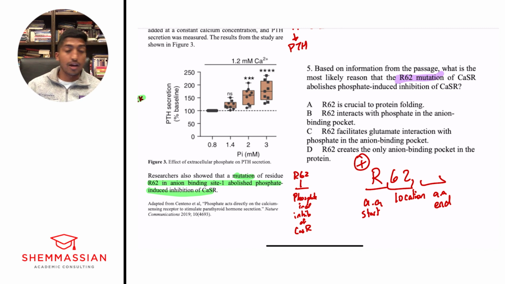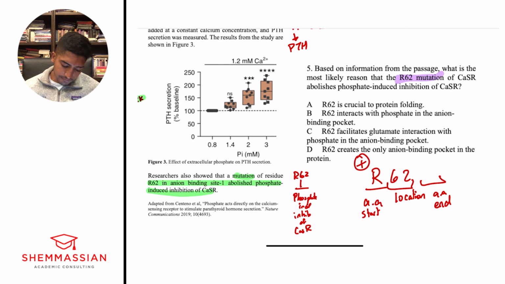More often than not, a positive charge is going to be interacting with a negative charge. That's what they're attracted to. Those electrostatic forces. So we're looking, okay, if we're losing a positive charge, that means we should be affecting some sort of binding with a negative charge. All right, so let's go through our answer choices and see if there's any talk of a decreased interaction between this positive and negative charge.